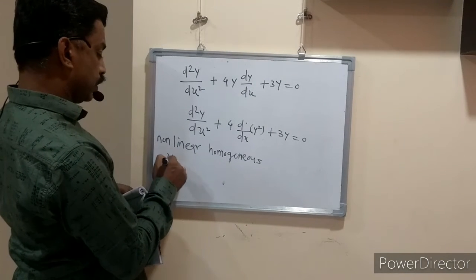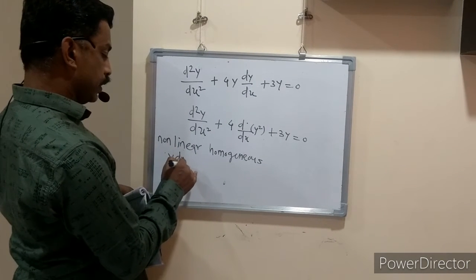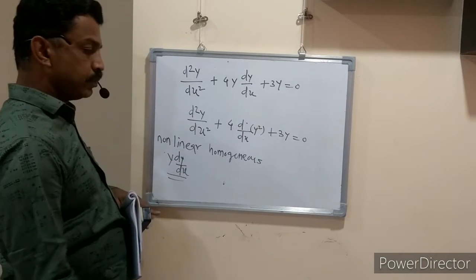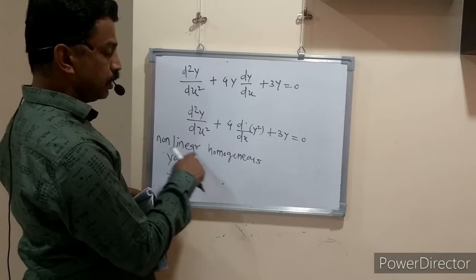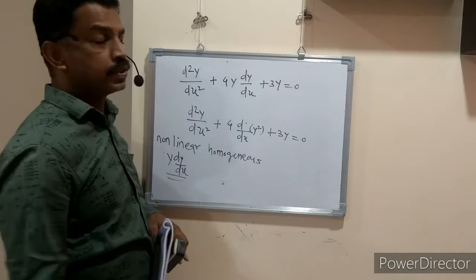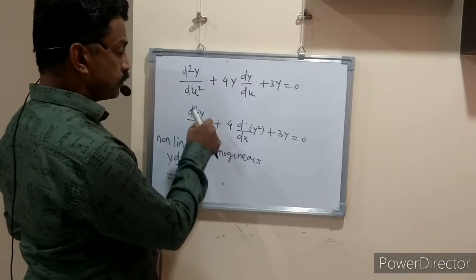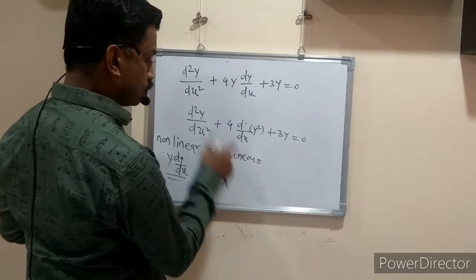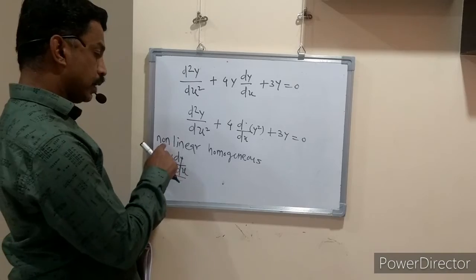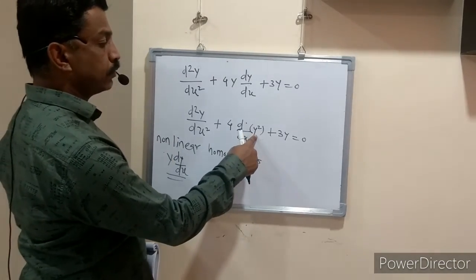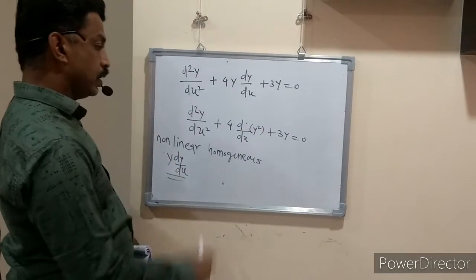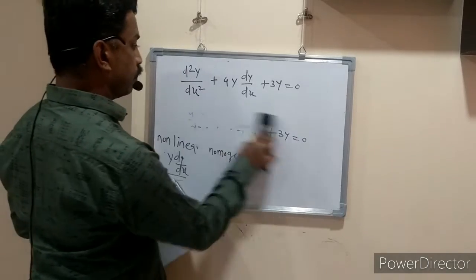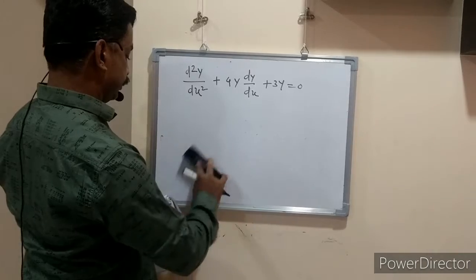Because of the term y dy by dx, due to this term it is non-linear but homogeneous. Homogeneous means the term y is present in each and every part of the equation, but at the same time the power of y is second, therefore it is a non-linear homogeneous equation. Now we take another example.